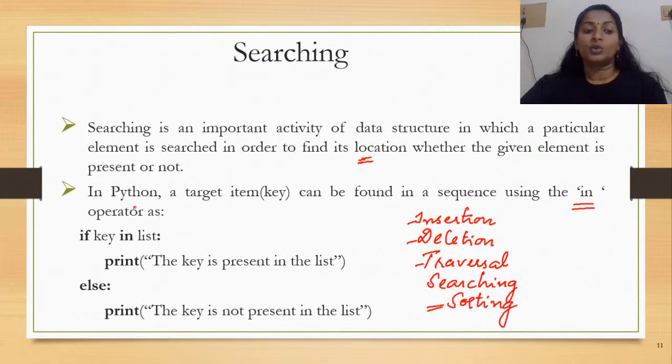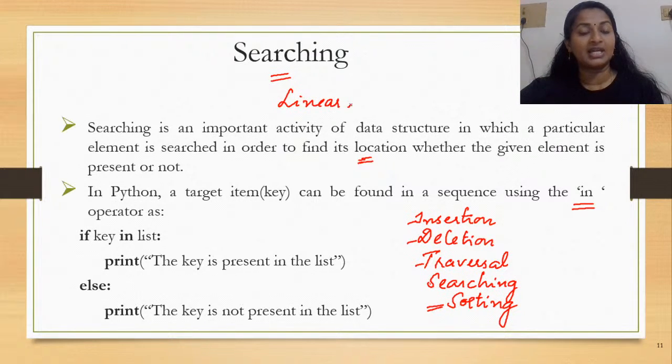In Python, this is a very simple syntax to show you whether the element is present inside the data structure or not. As I told you, we are trying to perform the searching operation in the linear list. So I use the if conditional.